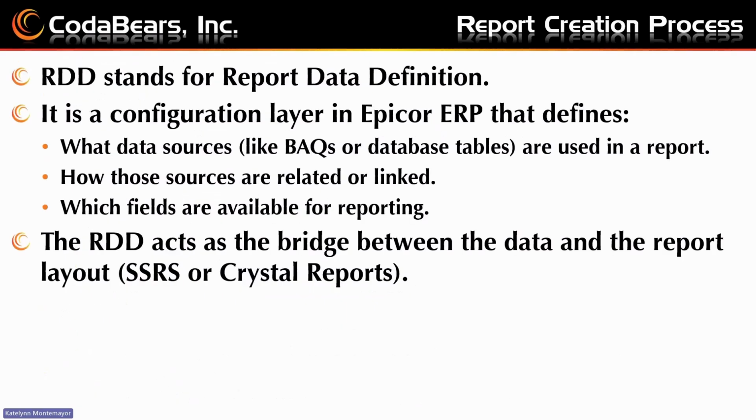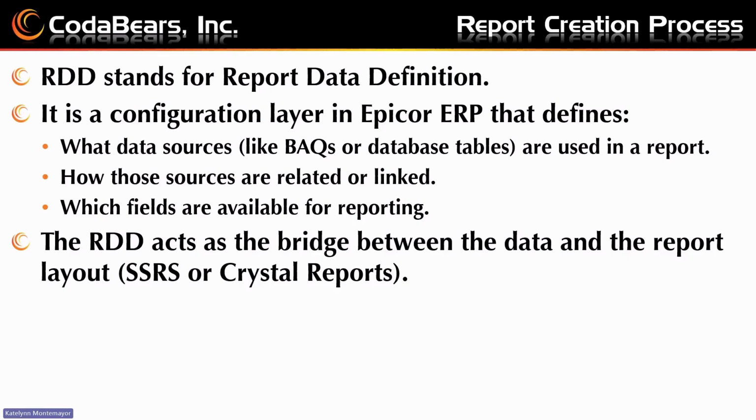I can get into a little bit about what an RDD is. RDD stands for the Report Data Definition, and it's essentially the configuration layer in the Epicor ERP that defines what data source that report is going to be pulling from. So again, the BAQ or the database tables, and then how these sources are related or linked, because you're able to add multiple BAQs, or if you're just working with the database tables, you're able to link those as well and create those relationships.